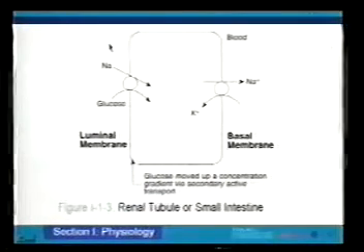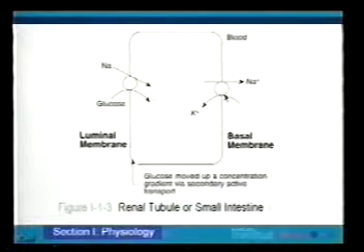This is the lumen of the kidney tubule, or the lumen of the small intestine, and because of that, this, of course, is the luminal membrane. This is the blood side, or the interstitial fluid side, and because of that, we refer to this membrane as the basal membrane.